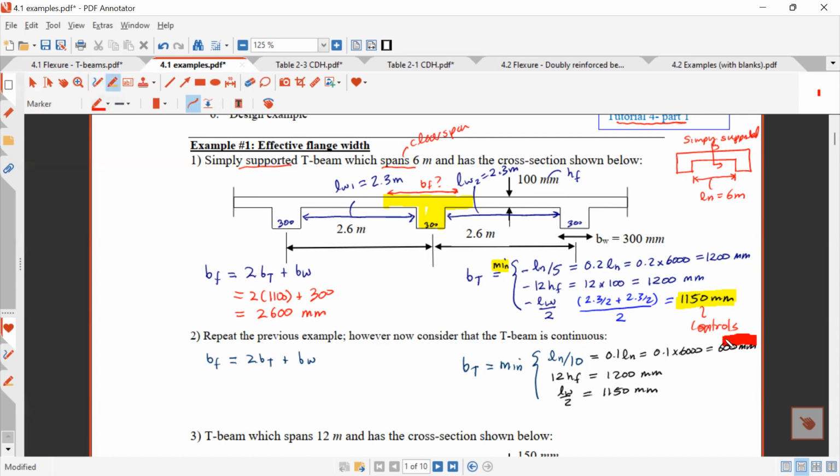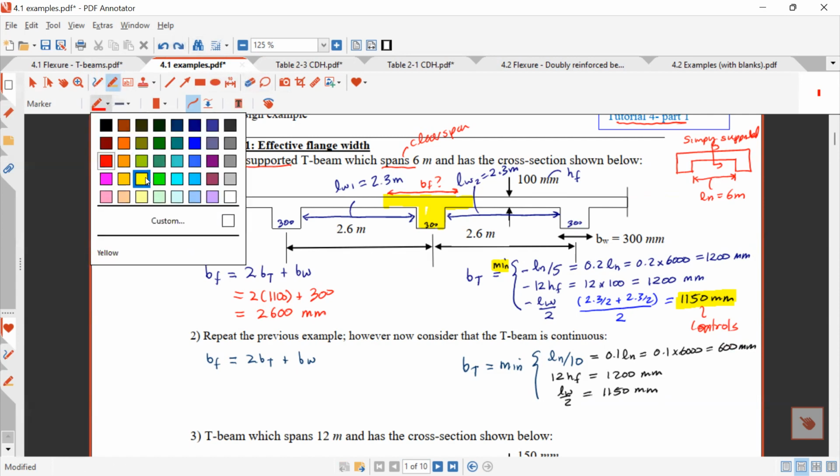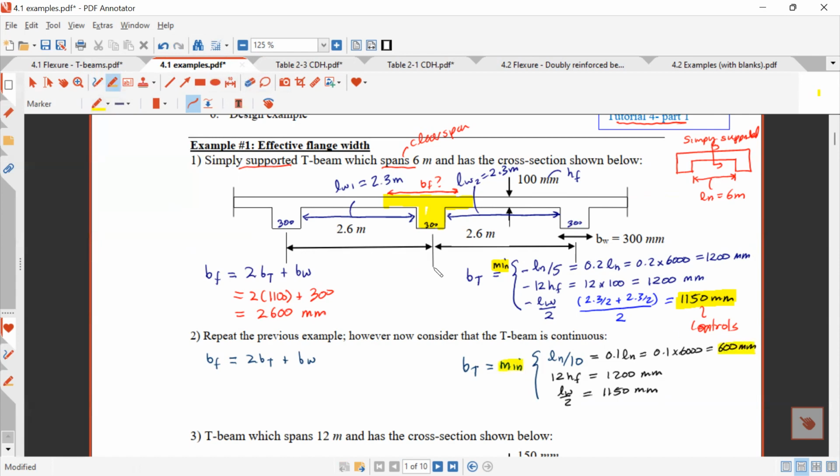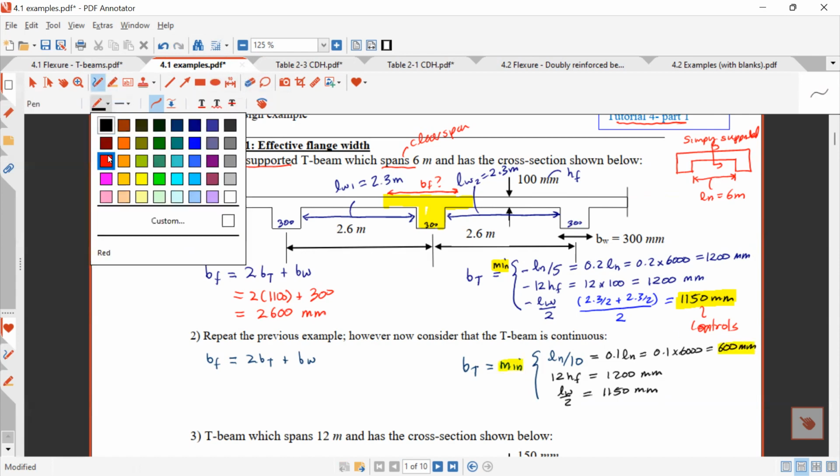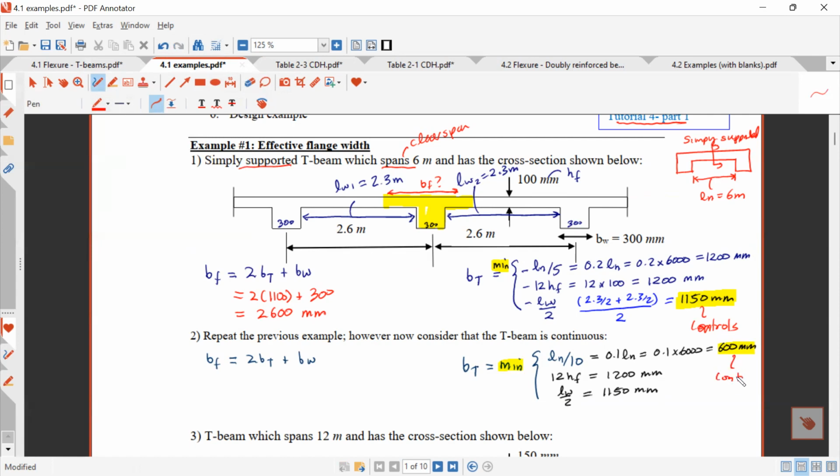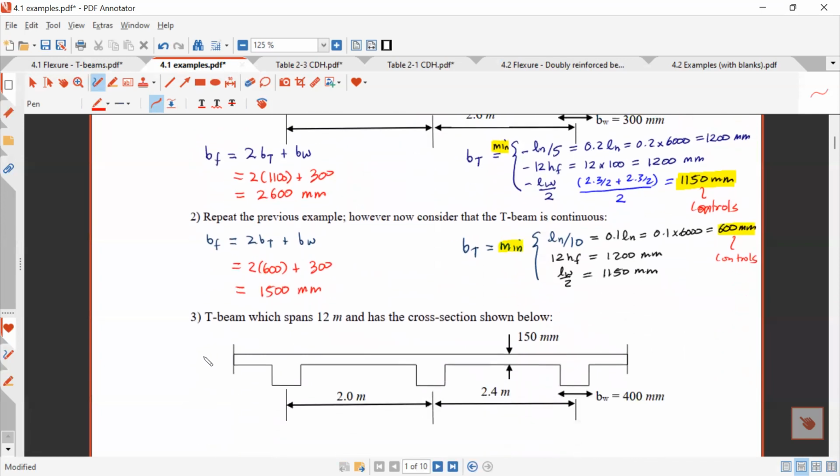In this case, if I take the minimum, it's this one that controls. So here this controls for BT. So that means in this case, it's 2 times 600 plus 300. So in this case, I end up with 1,500 millimeter.